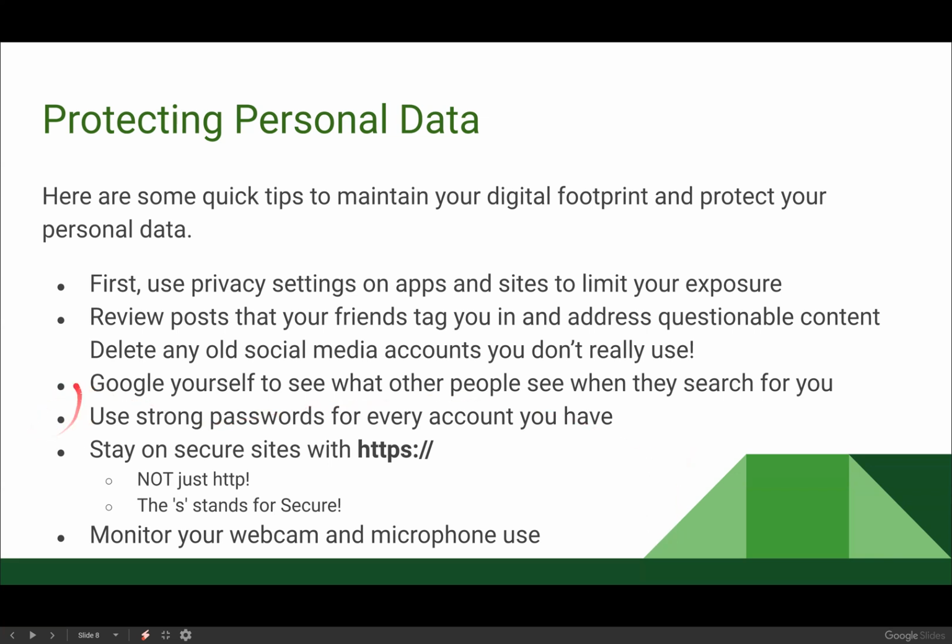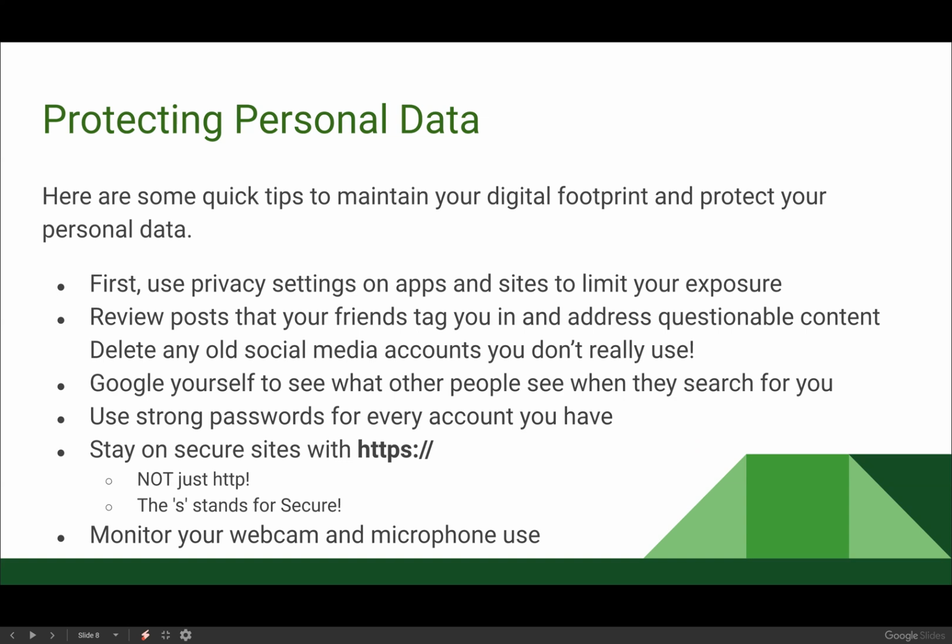Something very important that you can do is use strong passwords and use different passwords for different accounts. If you make your passwords hard to guess and don't use the same one for all your different sites, this is going to be a super big factor in protecting your own data.